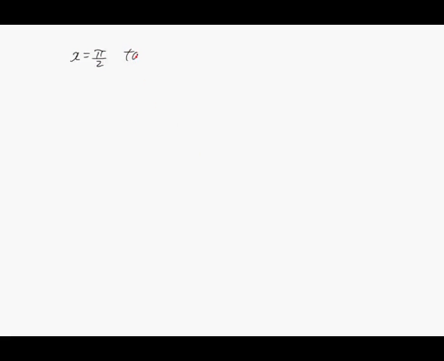Then tangent half x is equal to tangent of half pi over 2, and this is equal to tangent of pi over 4. We know this is equal to 1, right? So definitely it's bigger than 0.